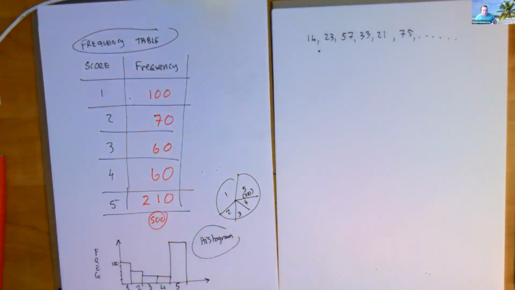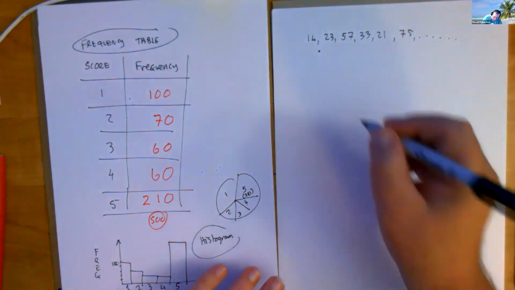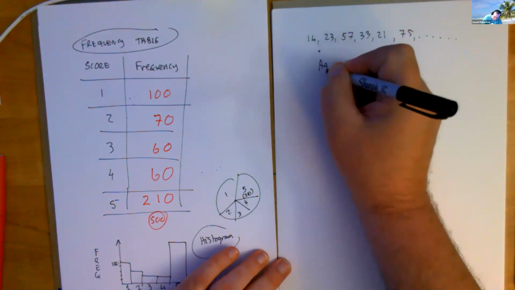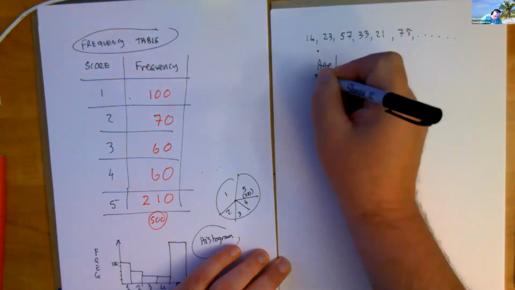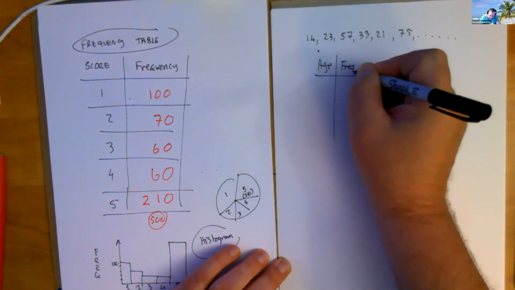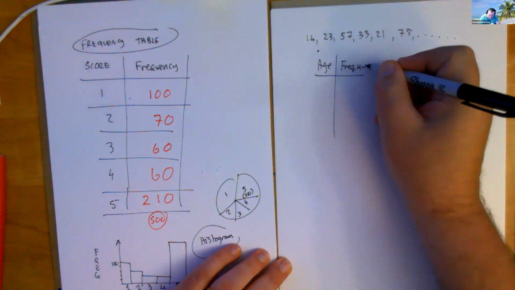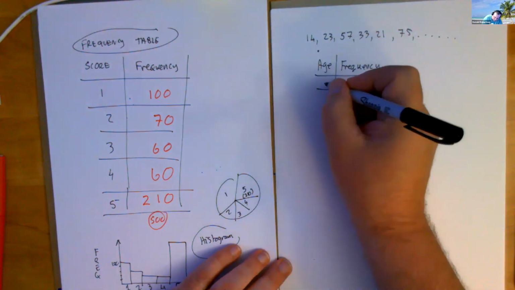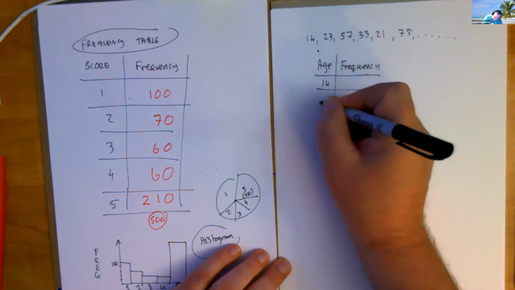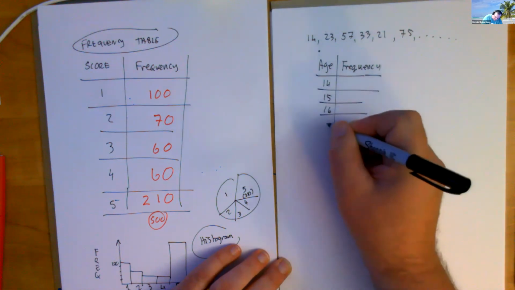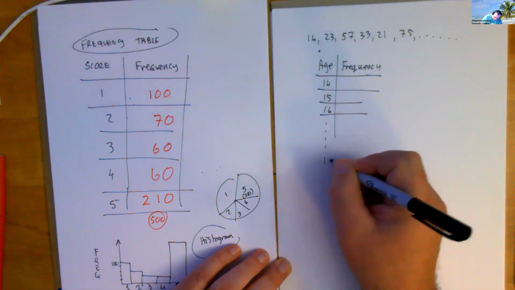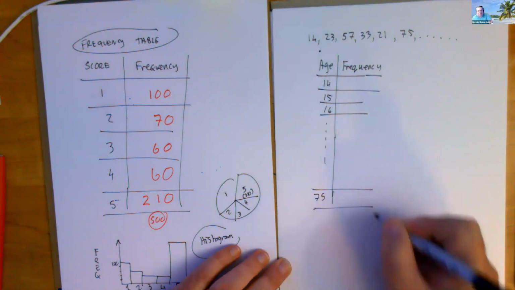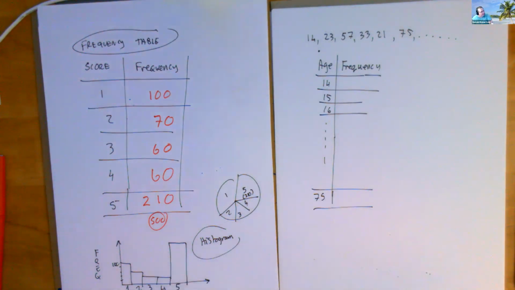Now, I could do a frequency table where every age was given its own row. So you start at, say, 14-year-olds, 15-year-olds, 16-year-olds. Now, this is the problem, 75-year-old. If you did this, wouldn't this table be huge?